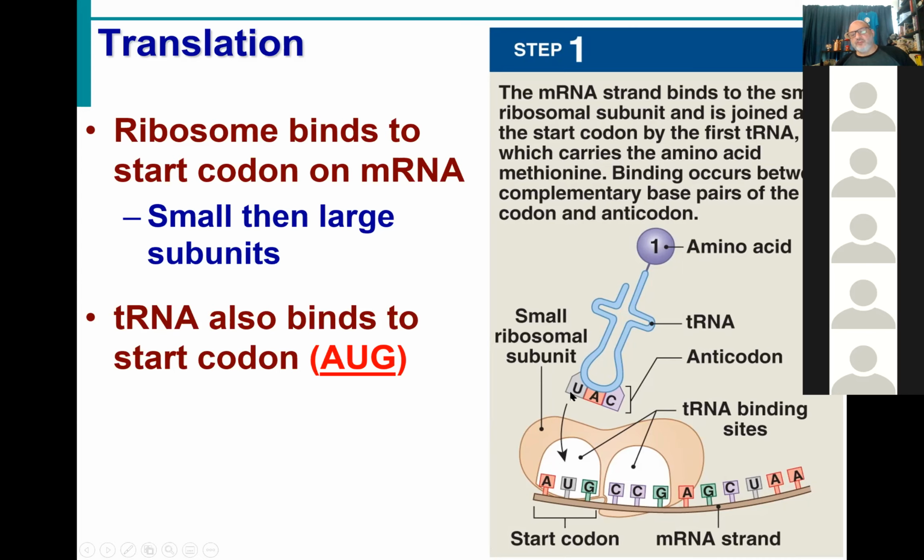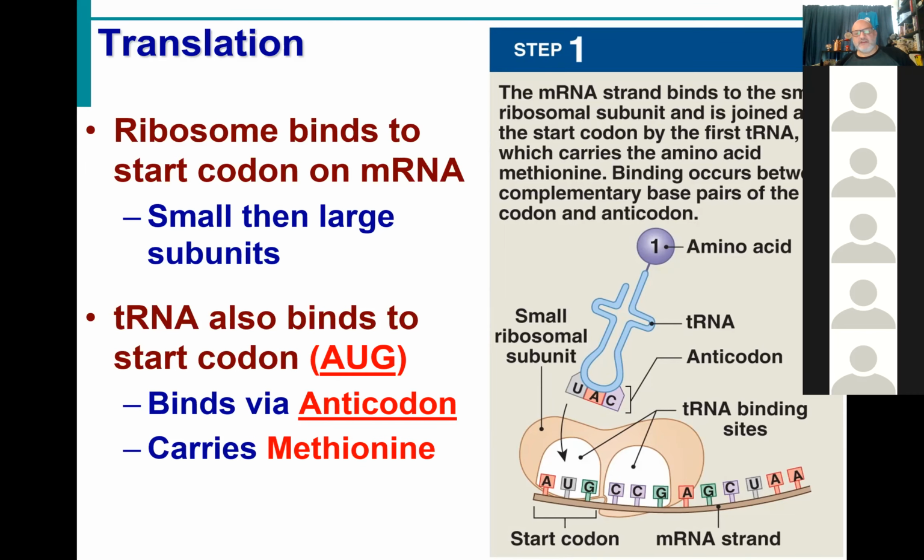It's got to be the one with the correct anticodon. And of course, the correct anticodon for AUG is UAC. And as we know, what is that first amino acid that's going to be brought to the party? Methionine. Methionine, there you go. Excellent.